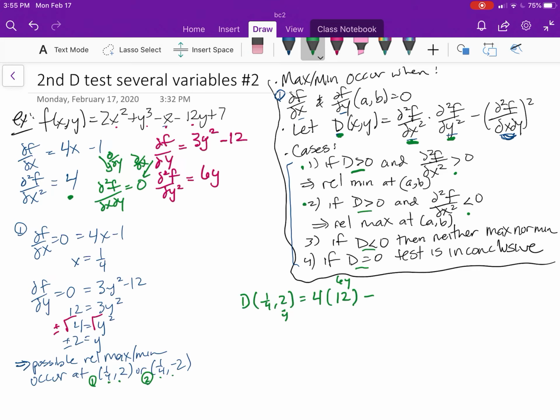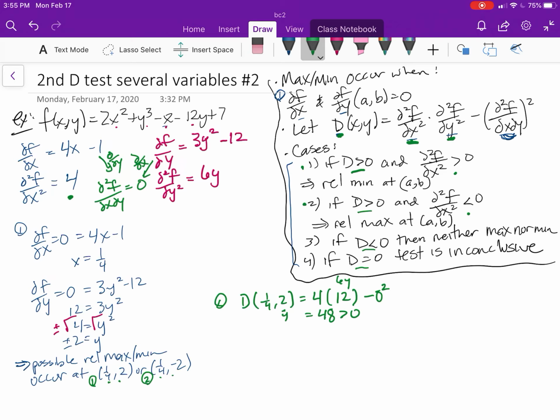Minus the second partial xy squared. Well, that we got 0, right? I'll write it, but it's 0 squared for that last part. So d then is 48, which is positive. All right, so for this first one, we got d is positive. Now we need to check second partial x.